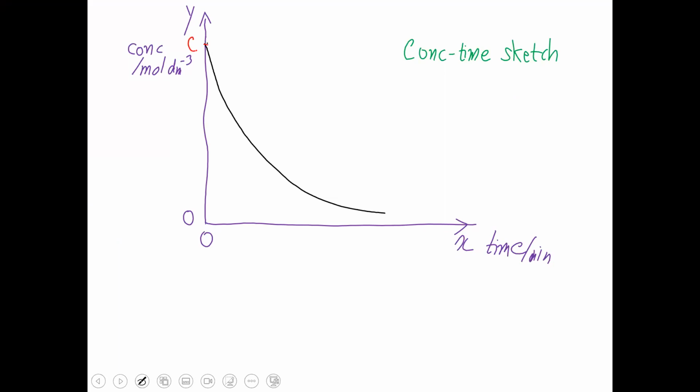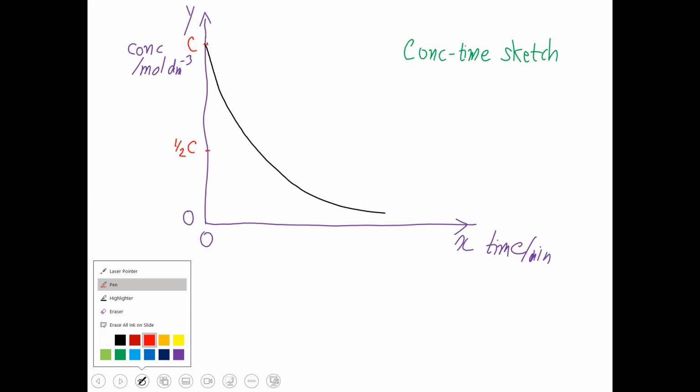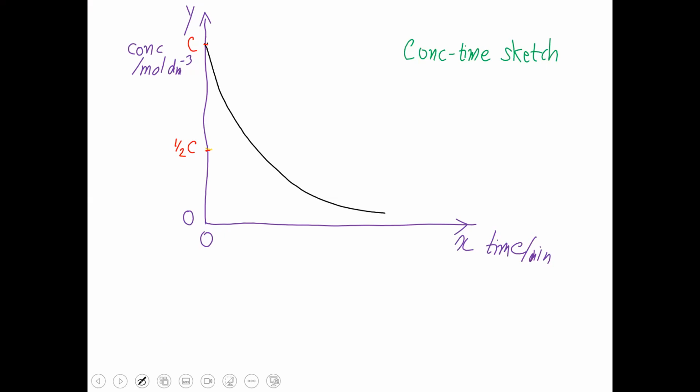So we need the concentration and then we half the concentration. Now this time is called T half.